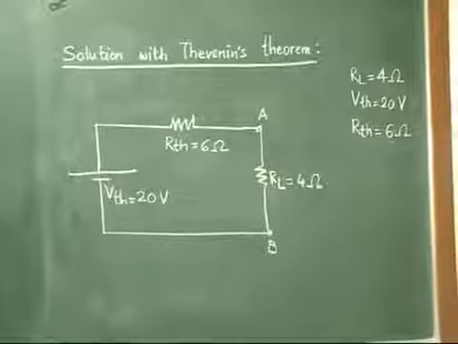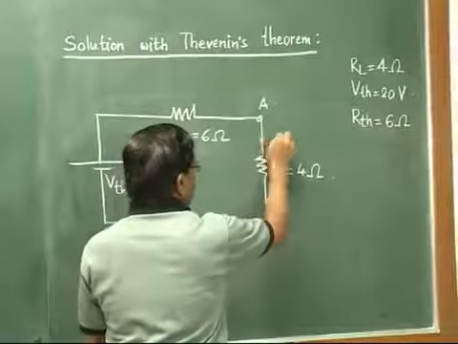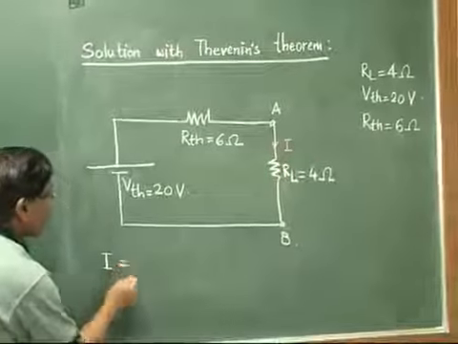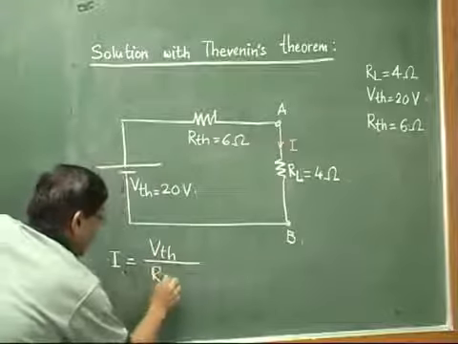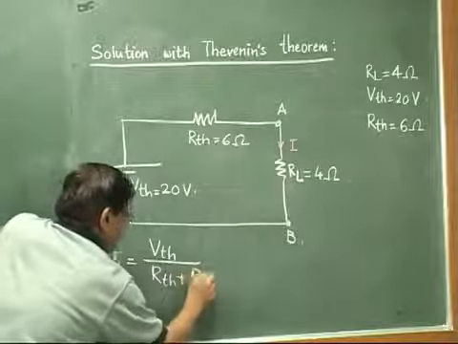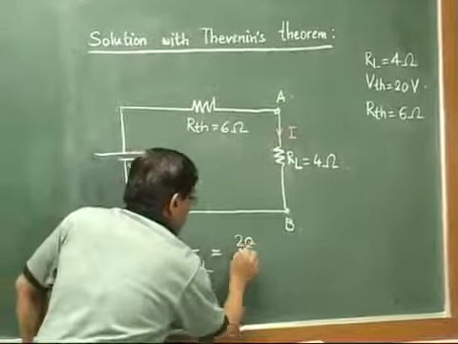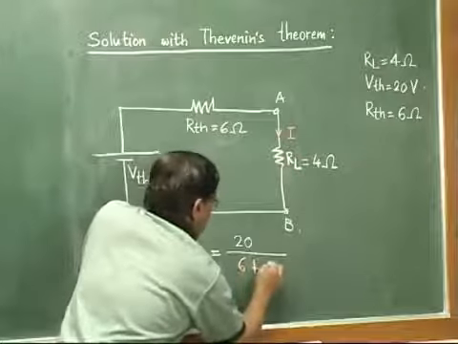And now very simple, if you denote some current in load resistor, suppose current I, then what will be the value of I? Value of I must be equal to VTH divided by RTH plus RL. Just substitute the values. VTH is 20, RTH is 6, and RL is 4.